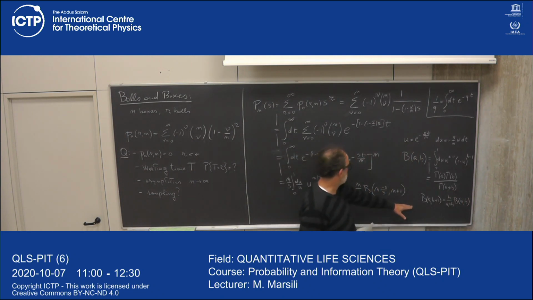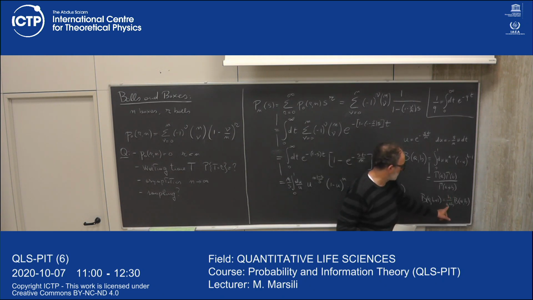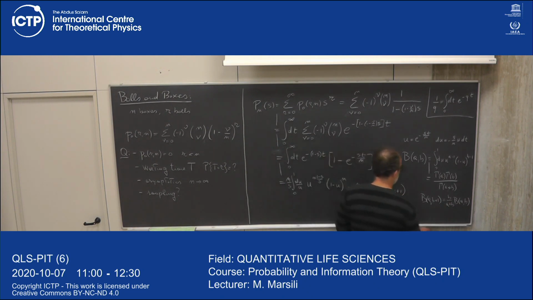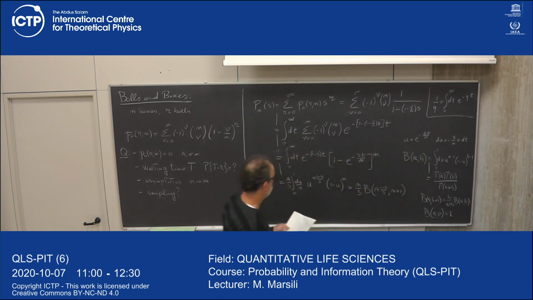Okay, so now you can take this equation and apply it n plus 1 times. If you apply it n plus 1 times, then you will have n plus 1 factors like this one, where a is this and b is reduced by 1 every time. And then you can use the fact that, because of this relation, beta of a and 0 is equal to 1. Okay?